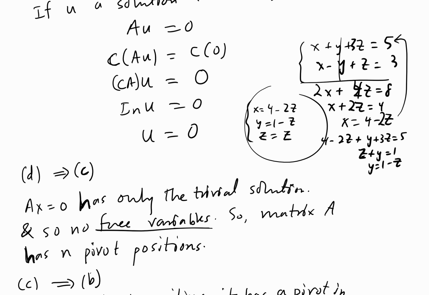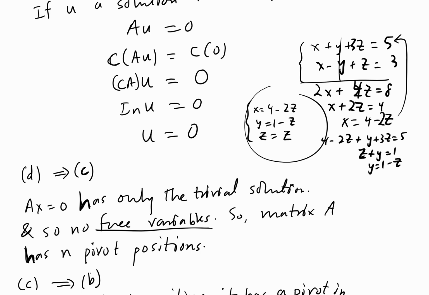Since every column has a number that is non-zero, A has a pivot, so if you do row operations, it's going to be becoming the numbers in the matrix A.